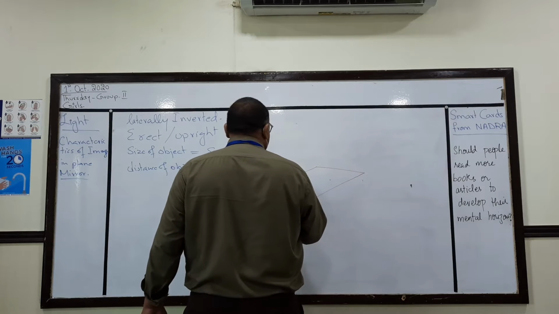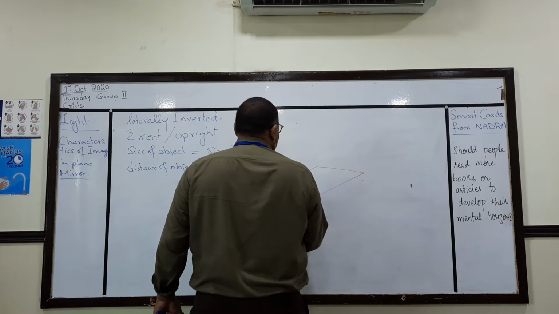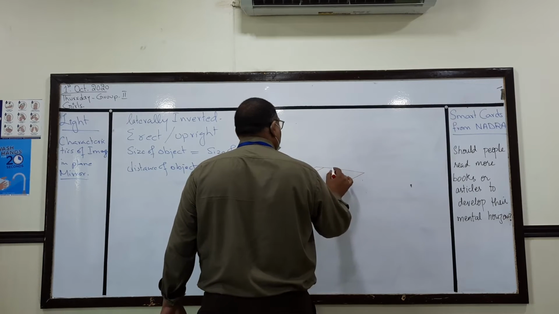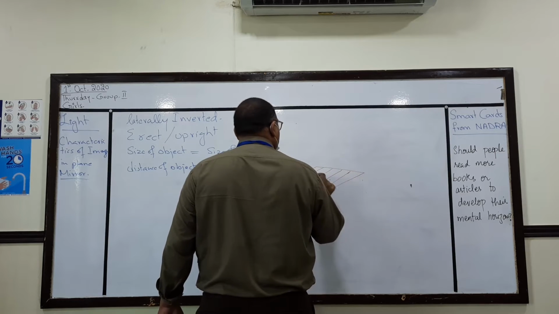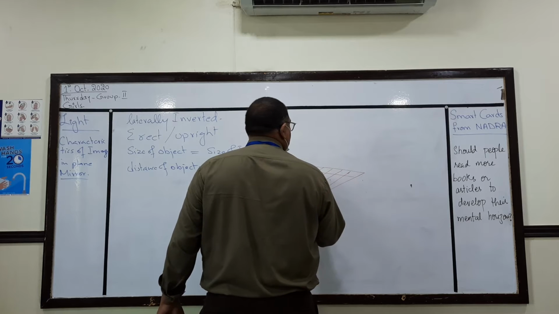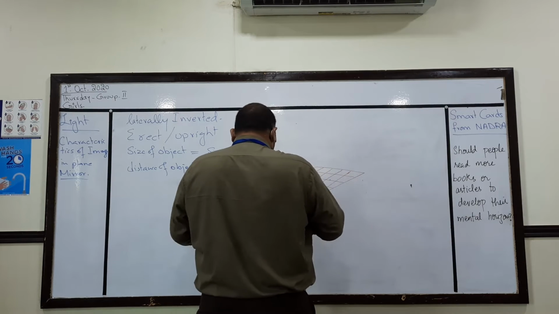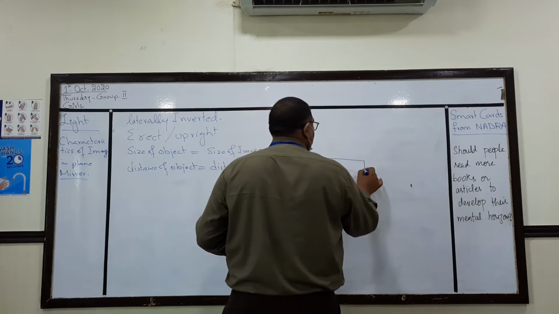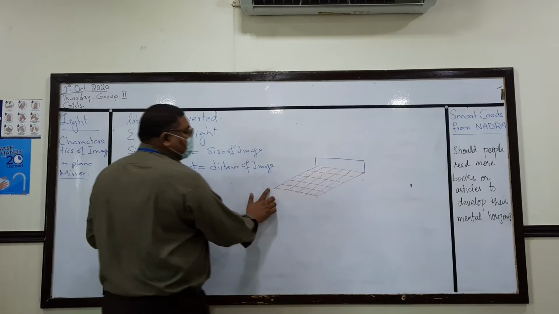So suppose here I have placed a graph paper. The graph paper will have a grid marked on it. You know that? Yeah. And here place a mirror. Can you understand this? What is this?